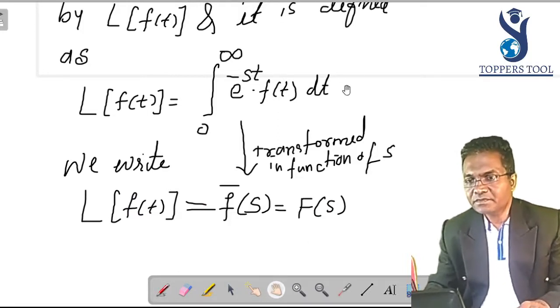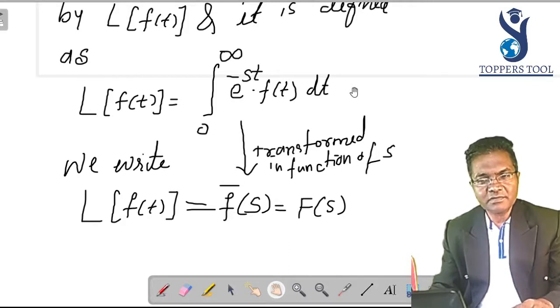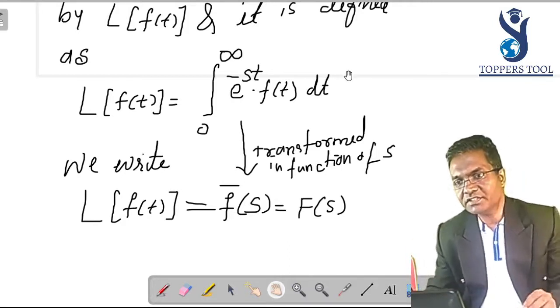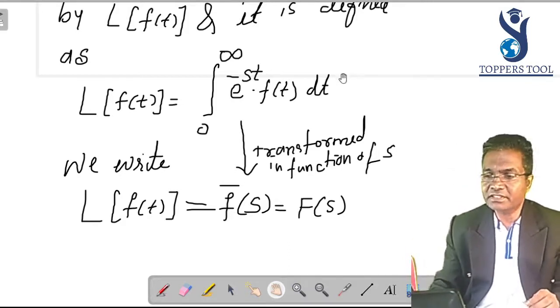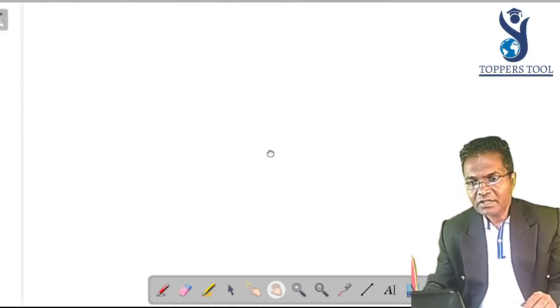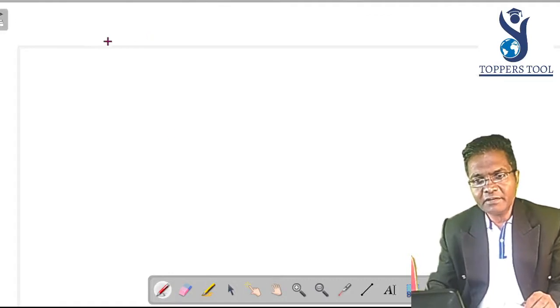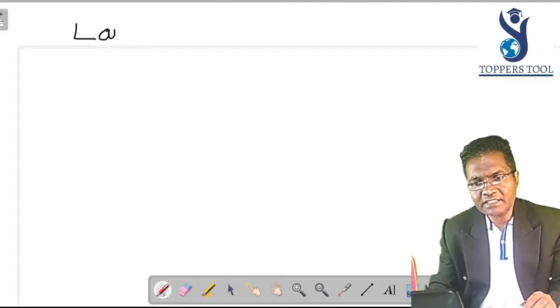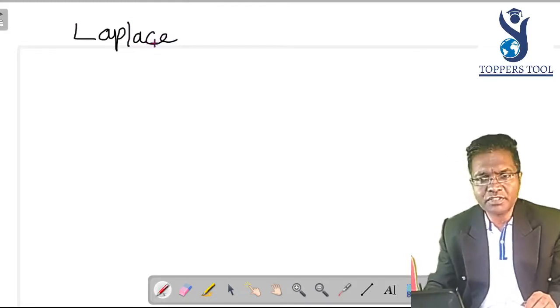So let's understand the Laplace transform of some common functions, because those are very essential. We will be dealing with the Laplace transform of common functions that you have to remember throughout the chapter.